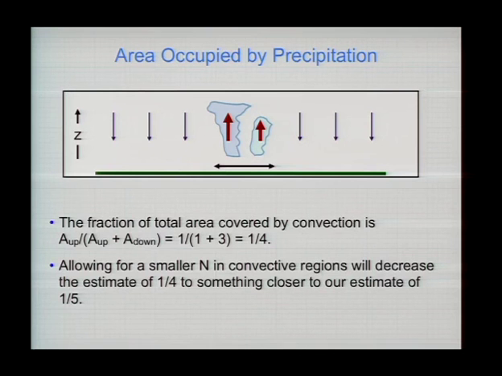And if we look at the fractional area covered by convection, that would be area up divided by the total area, which is the area up plus area down, that's 1 over 1 plus 3, which is a quarter. And that's about what I guessed. I said the area covered by active convection is about 1/5 of the tropics. We just worked out it's about a quarter.